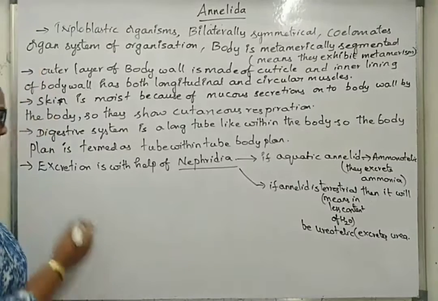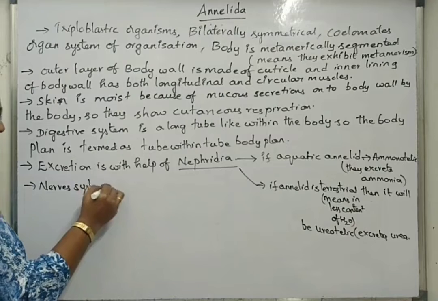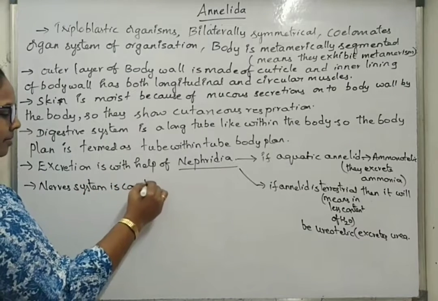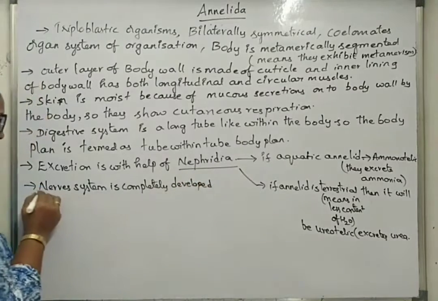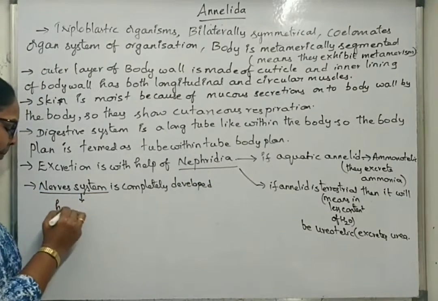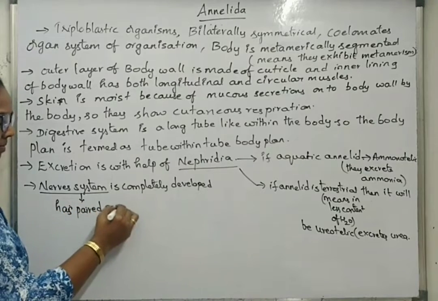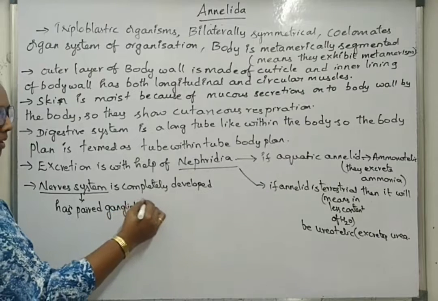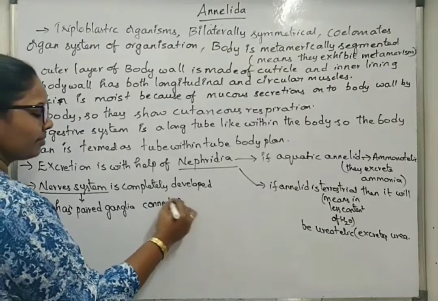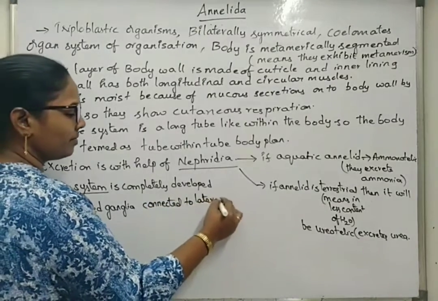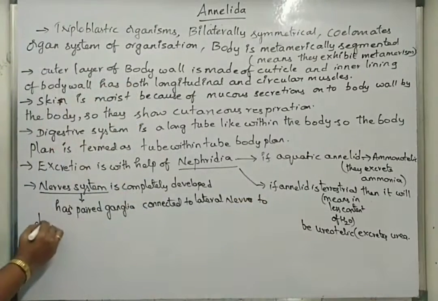The nervous system is completely developed. This nervous system has paired ganglia connected by lateral nerves to a double ventral nerve cord.